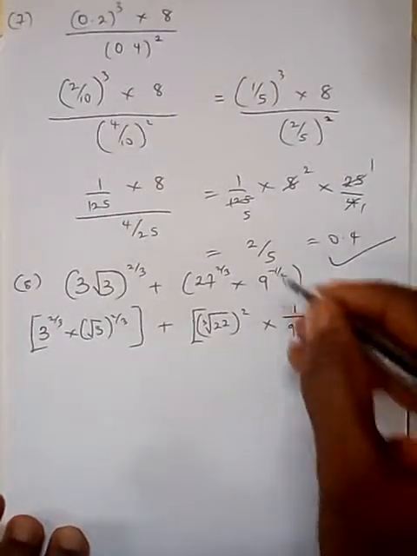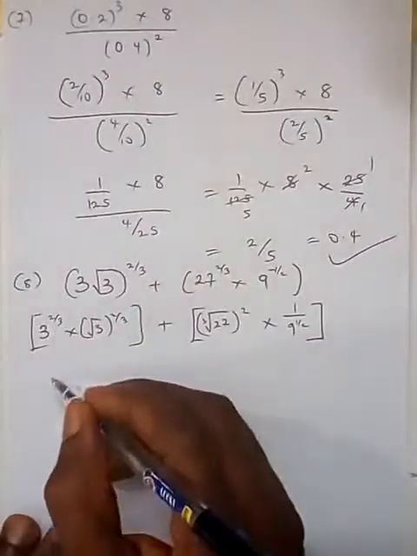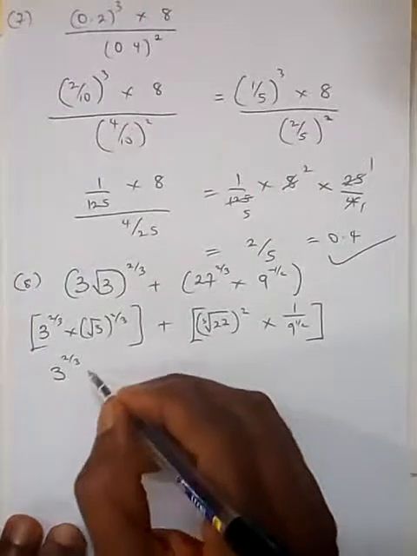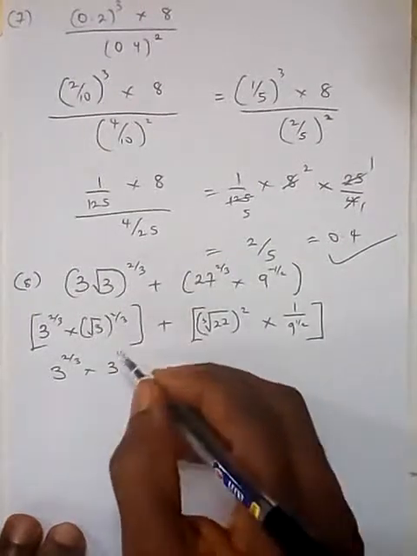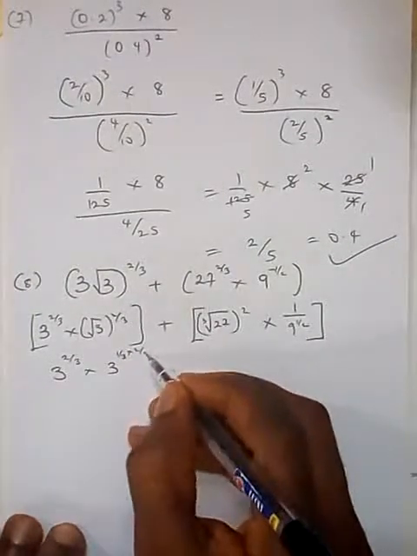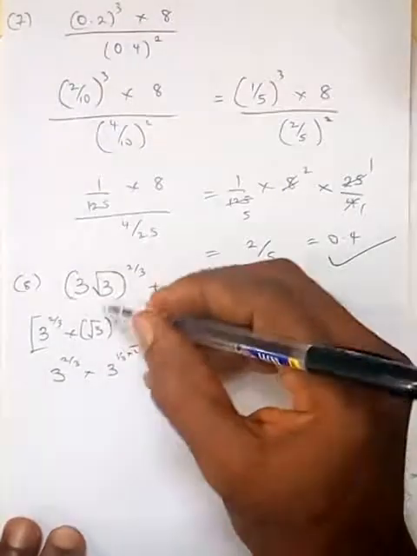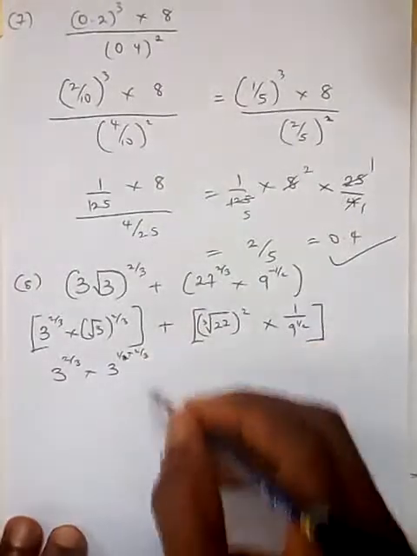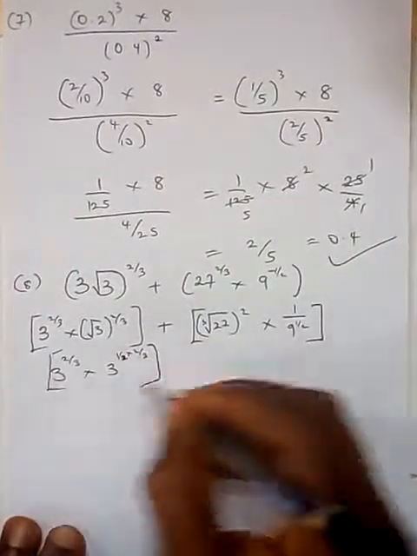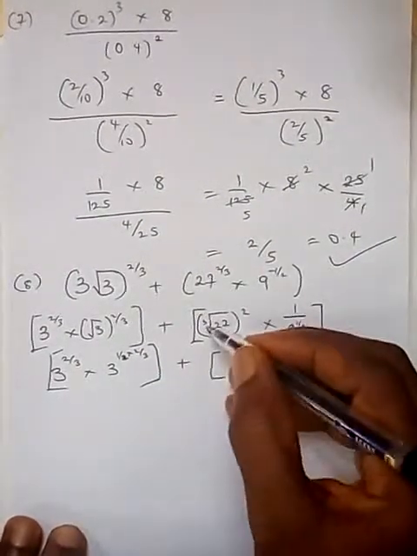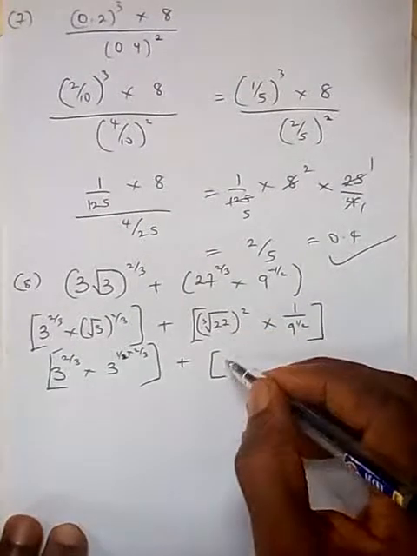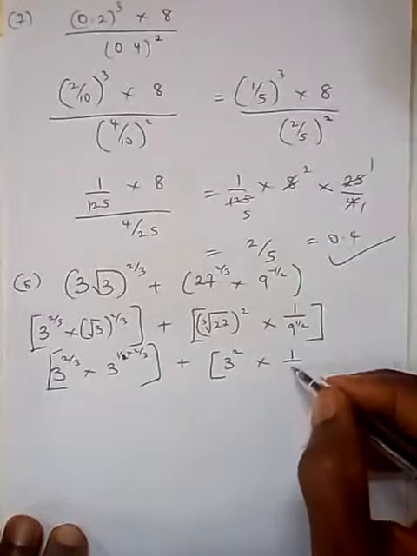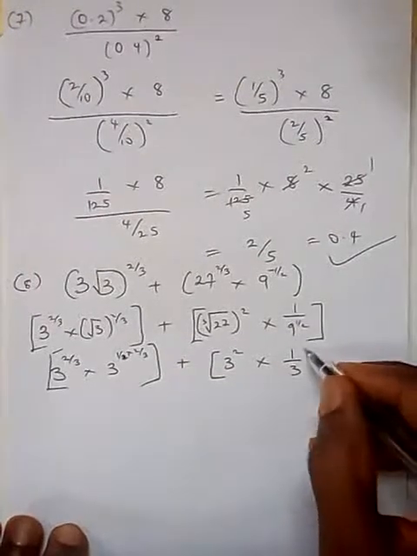1 over, because of this negative, of course. So this is 3 raised to power 2 over 3. This is 3 raised to power 1 over 3 times 2 over 3. I'm sorry, 1 over 2, square root, okay, plus the cube root of 27 is 3, squared, times this is square root of 9, and that is 3.